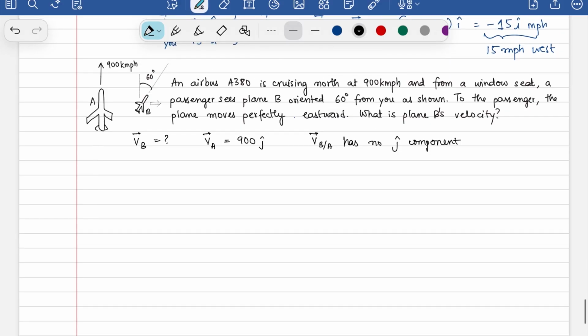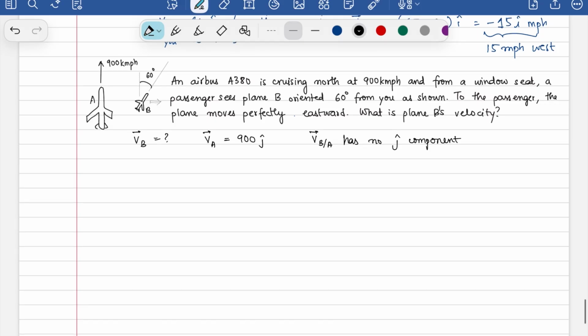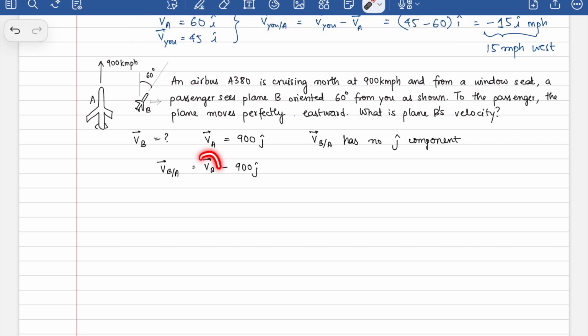You can now try solving this. The velocity of B is unknown. The velocity of A is known. If you can write the velocity of B with respect to A, there's going to be velocity of B minus 900 j hat. Thing is, we don't really know what this vector is except that it is oriented in this direction, right?